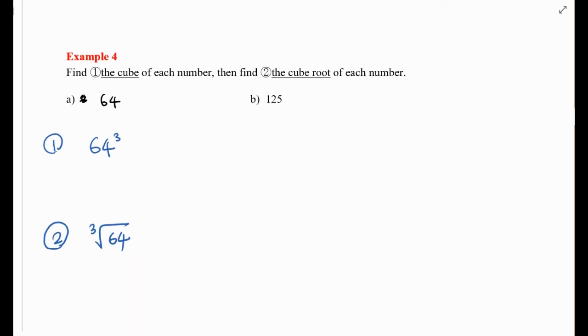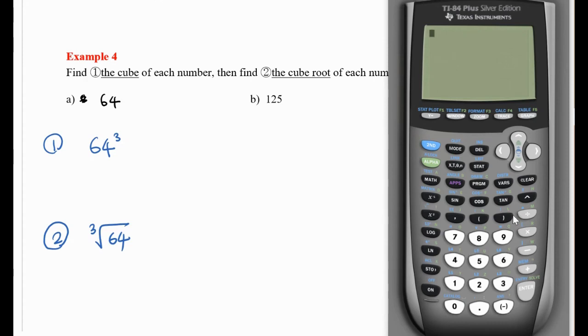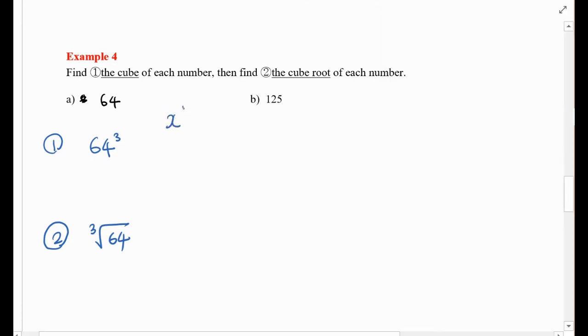Okay, number 1, let's use your calculator. So what you're going to do is 64. Your calculator may have this sign. Okay, do you see this? And you're going to hit this to the power of 3. If you don't have this, you may have the x to the power of y button, or y to the power of x button.